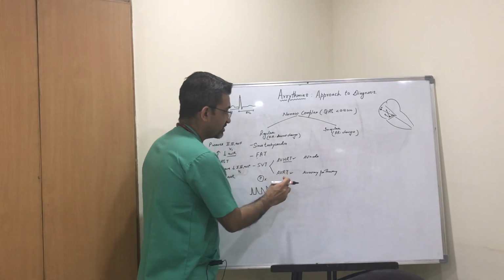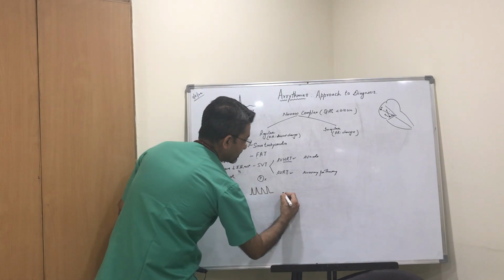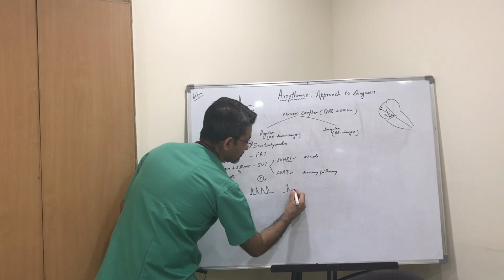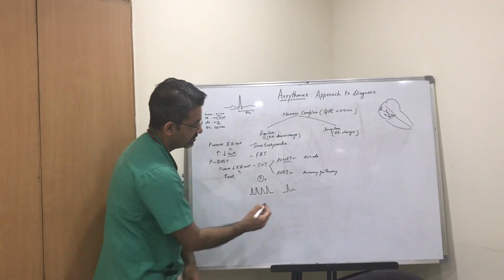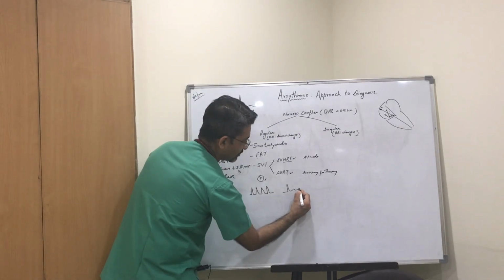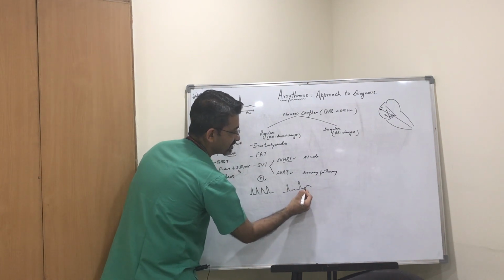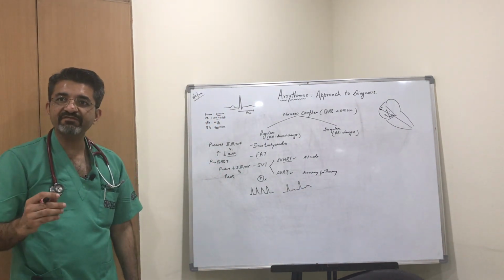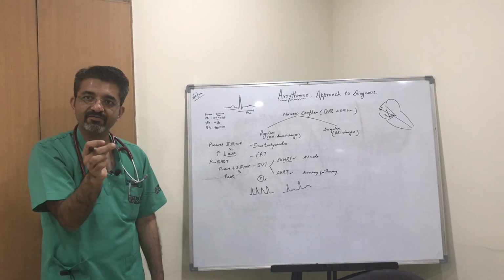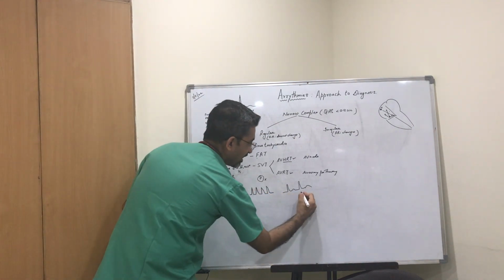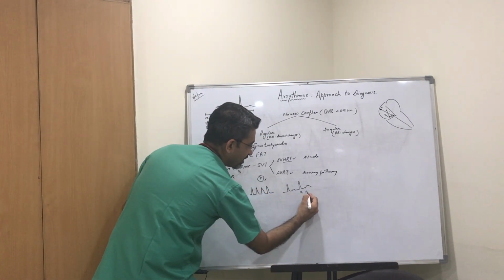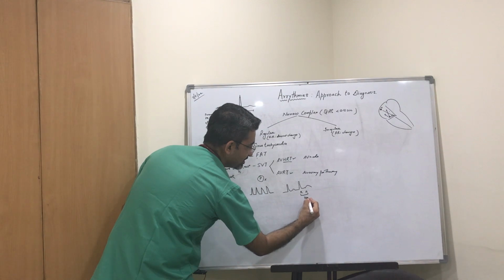But in AVRT, you can have a P wave like this, after the QRS, just beside the T wave. You can have a P wave on the T wave, or just beside the T wave, and the RP interval is generally 70 milliseconds or more.